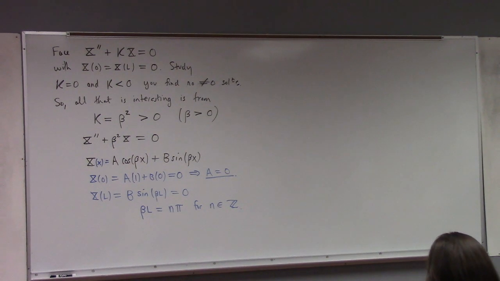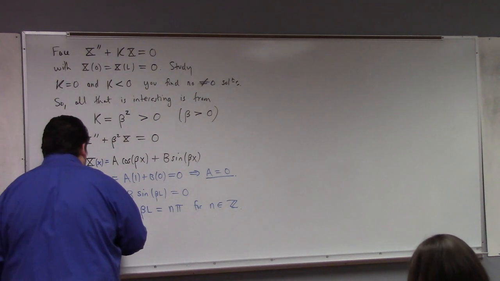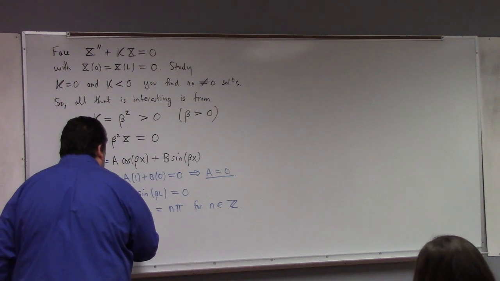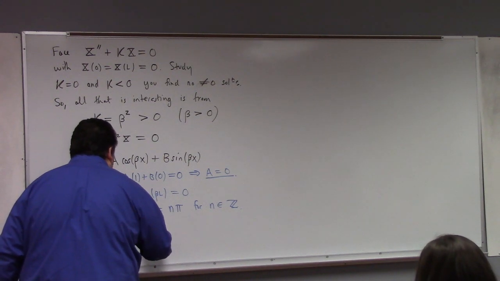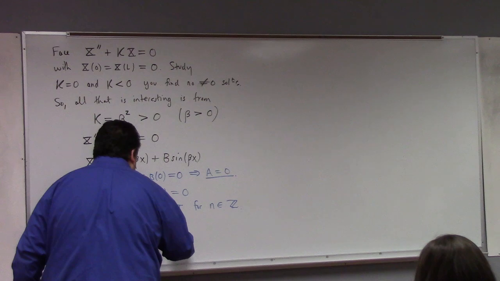Let me again mention that for n equals 0, we get the 0 solution. And for negative values of n, we're just getting another copy of what we already have for positive values of n. So without loss of generality, just use n in the natural numbers.